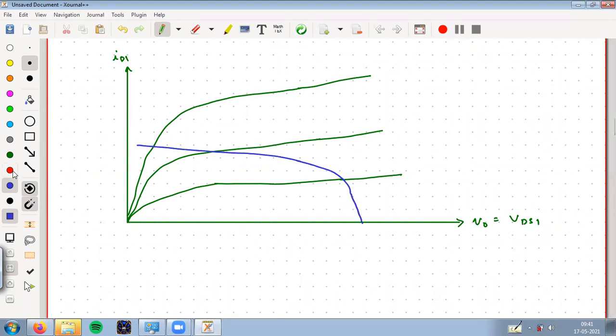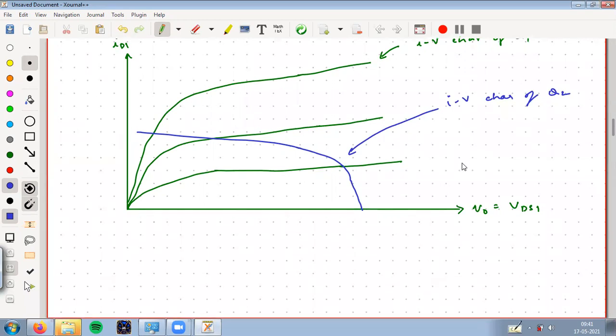Remember, this one is the IV characteristics of Q1, and this one is the IV characteristics of Q2. What I've done with the IV characteristics of Q2 is I have taken the mirror image of it and shifted the entire characteristics by VDD, so this point here becomes VDD.